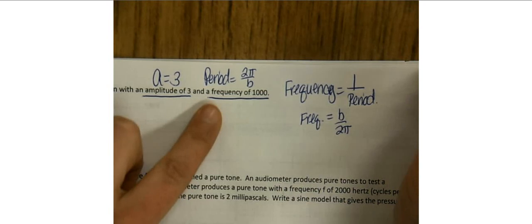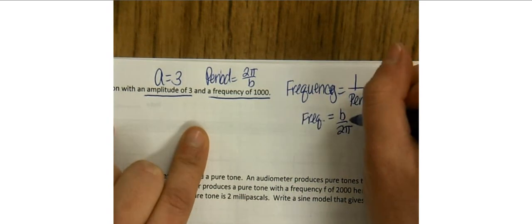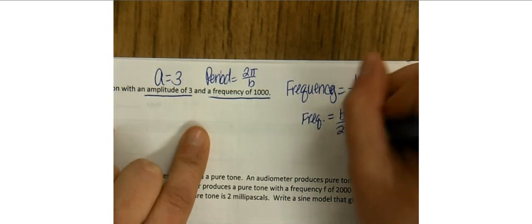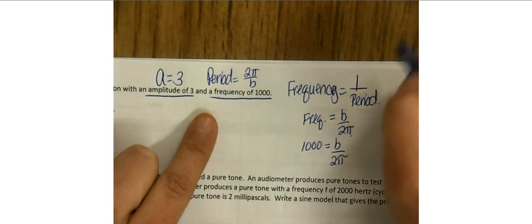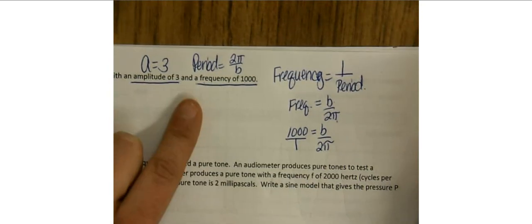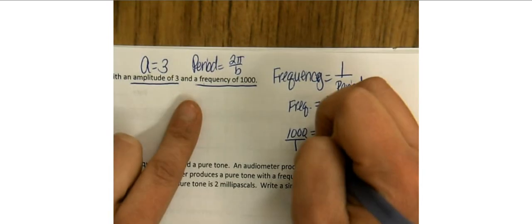So I'm going to identify what my b value is by setting frequency equal to b over 2 pi. Since our frequency is equal to 1,000, I'm going to set it equal to b divided by 2 pi. I'm going to make that over 1 and use cross product.